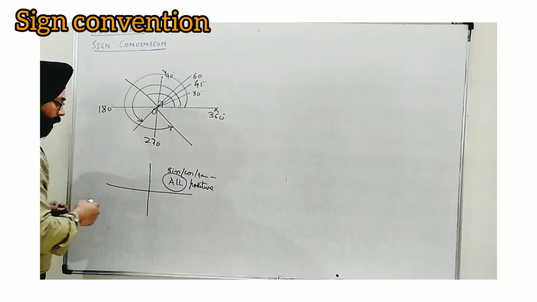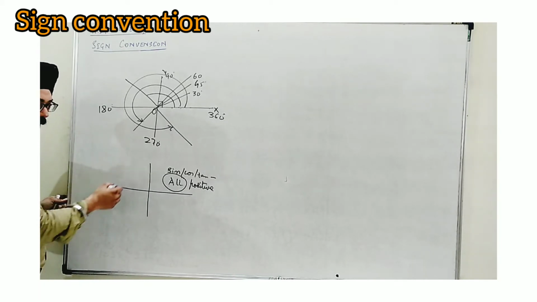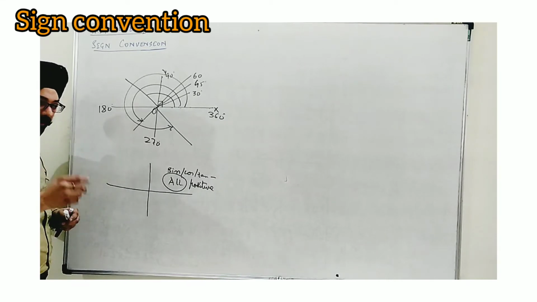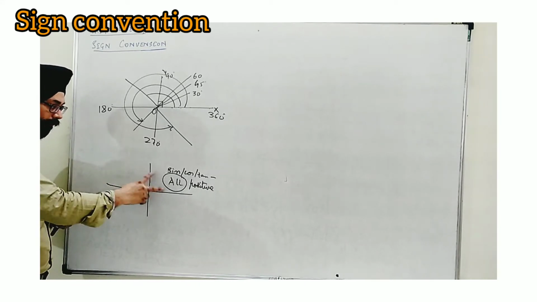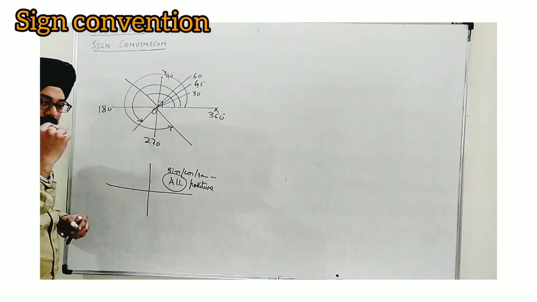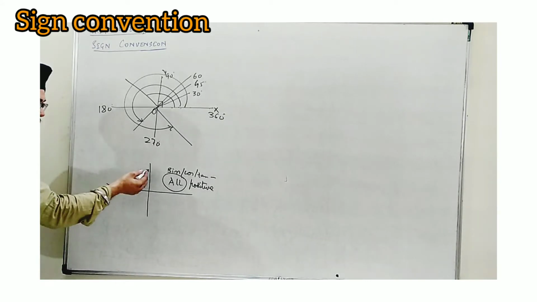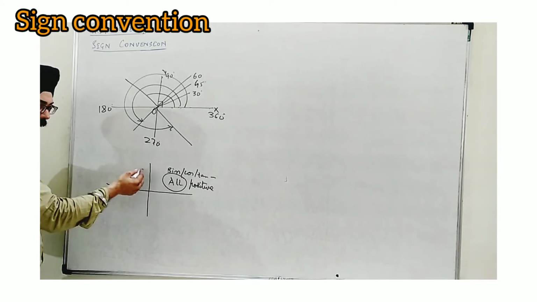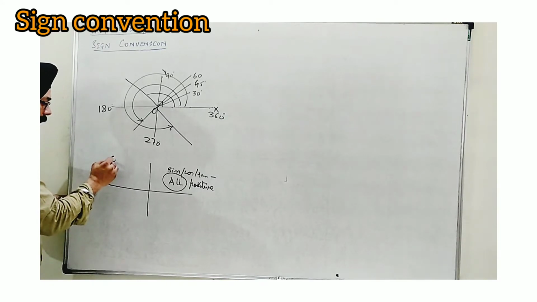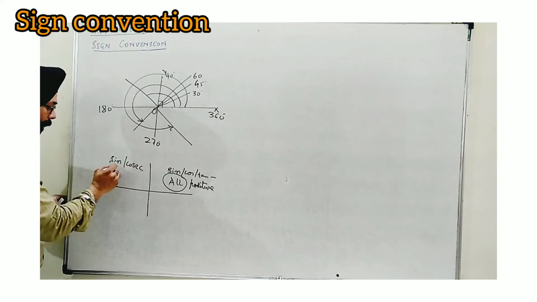When we go beyond 90 till 180, meaning the second quadrant, I am speaking quadrant-wise: first quadrant, second quadrant, third quadrant and fourth quadrant. So beyond 90 but below 180, in the second quadrant, only sine and cosec are positive.